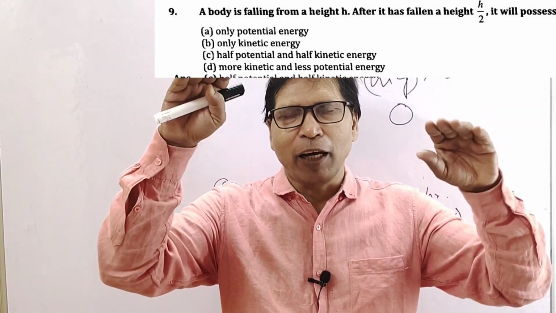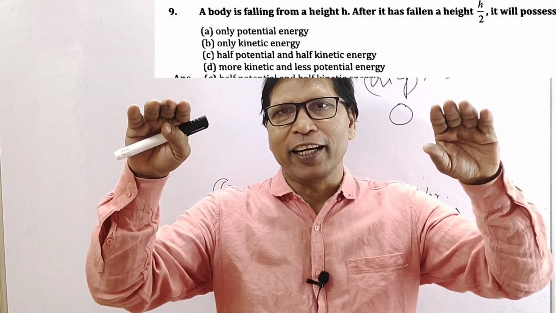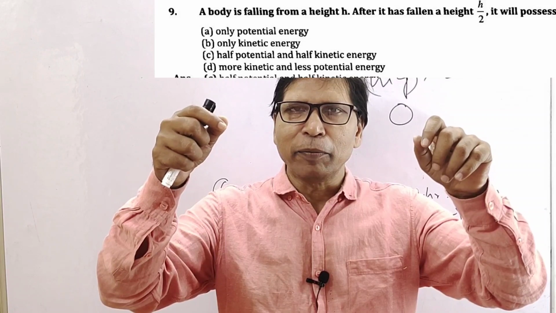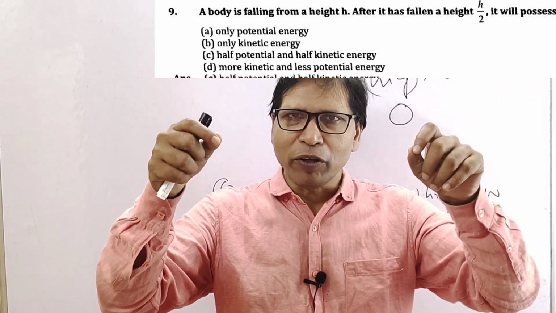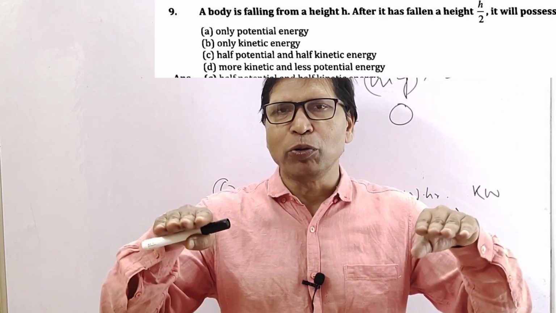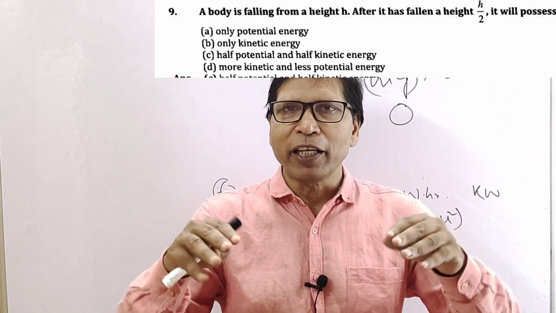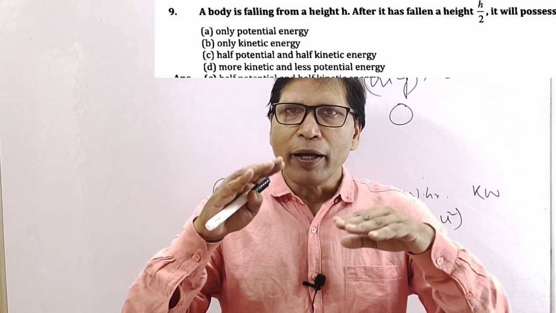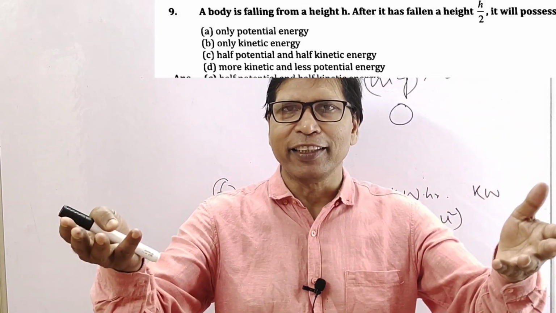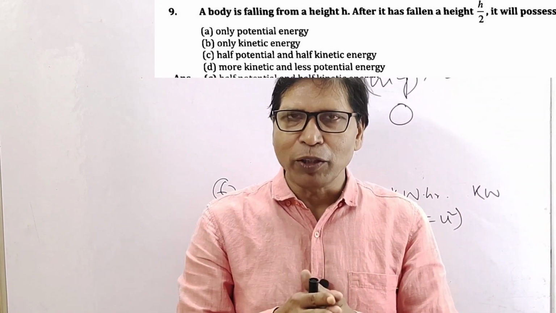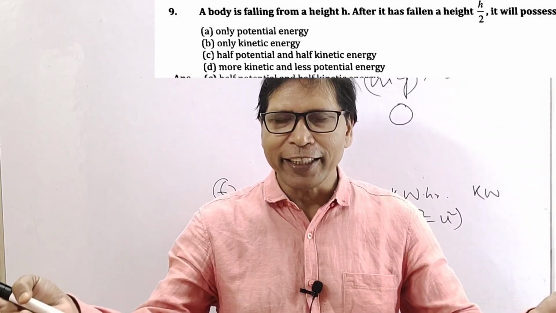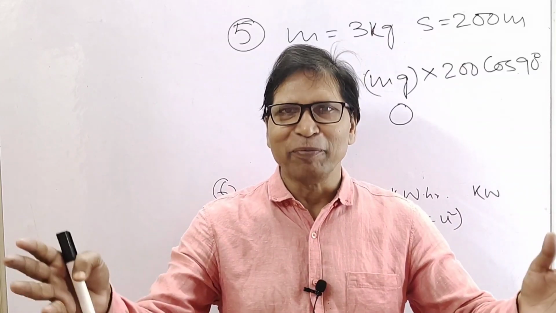From the height h, the body initially has potential energy. During falling, its potential energy is partially converted into kinetic energy. So after falling the height h by 2, the potential energy becomes half. So the rest half is converted into kinetic energy. So at the height h by 2, the body has both potential energy and kinetic energy, and both are the same.